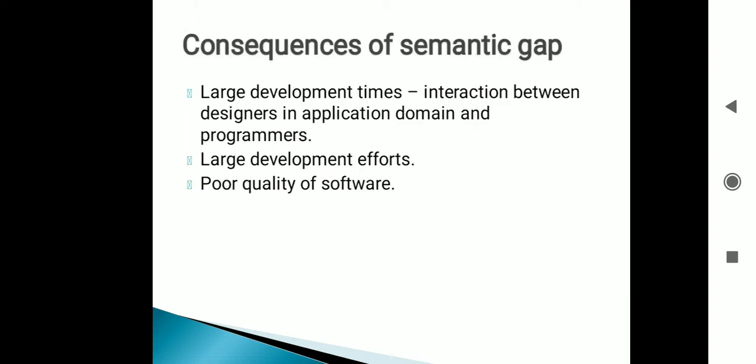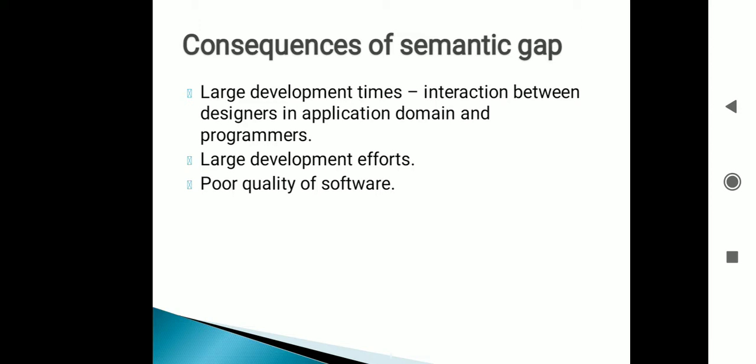Now we will discuss the consequences of semantic gap. The first one is large development time. What happens due to the semantic gap? It requires large development time. Interaction between the designer in the application domain and programmers takes a large time.